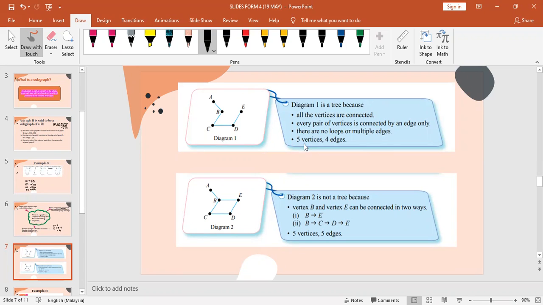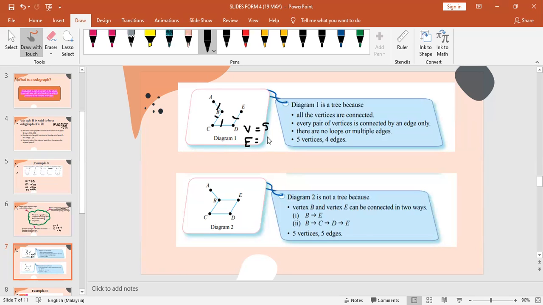And then if you count the vertices, we have how many vertices for diagram 1? How many vertices? 5, right? Okay, vertices is 5. What about the edges? 1, 2, 3, 4.